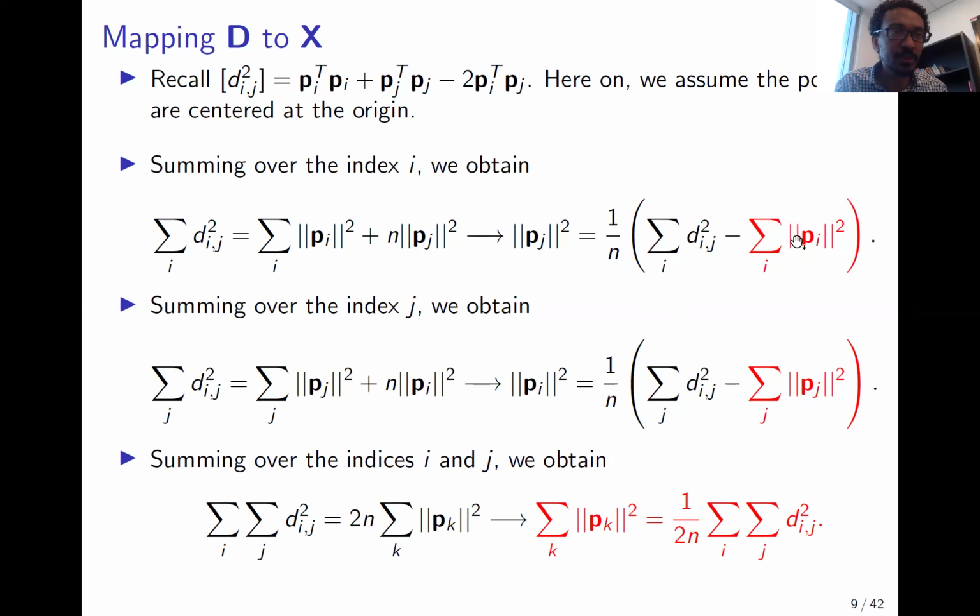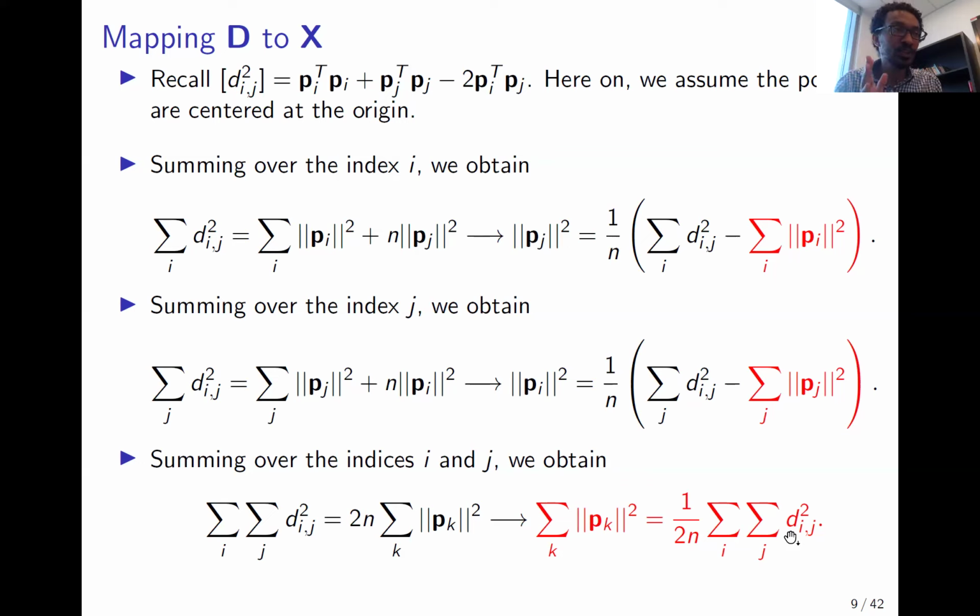My goal is to get this p_j squared and p_i squared. These are the summations over i of the norm of p_i squared, and the summation over j of p_j squared. Since the indices are dummy, these are the same expression. And the last expression allows us to get a closed form of this term in terms of the distances.